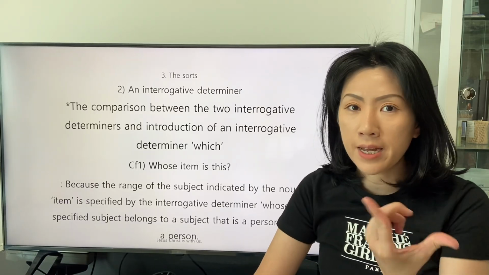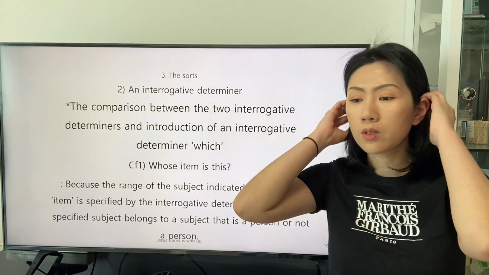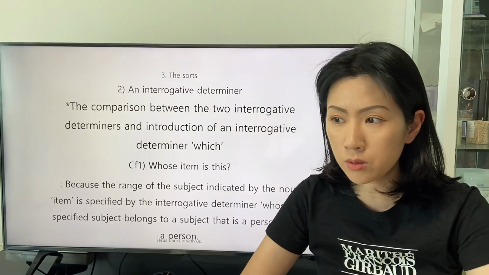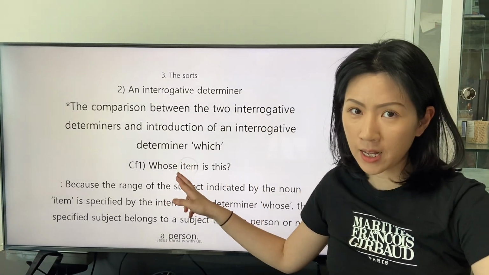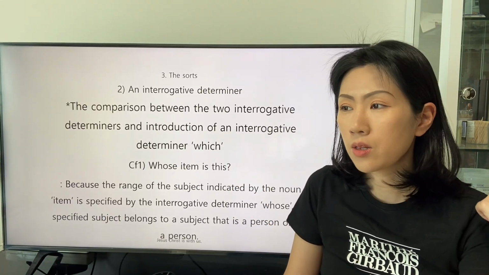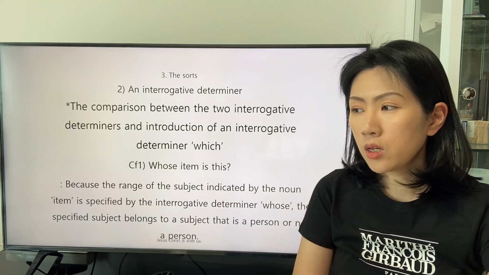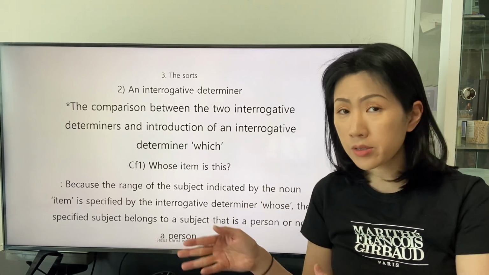The speaker who applies the interrogative determiner whose intends to know about the subject that the object item belongs to. And we admit that the subject who can own an object is a person.